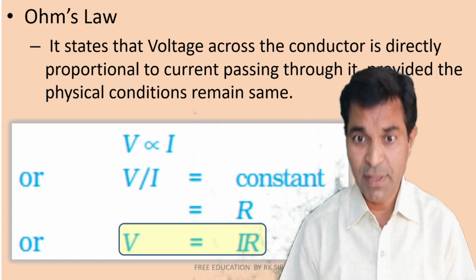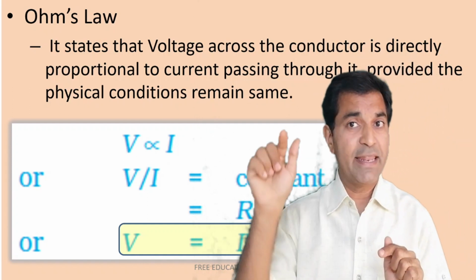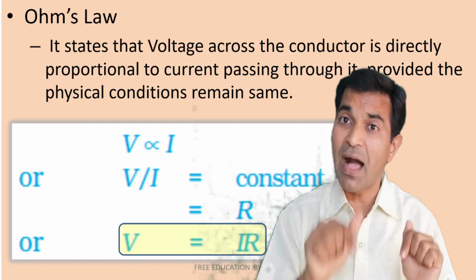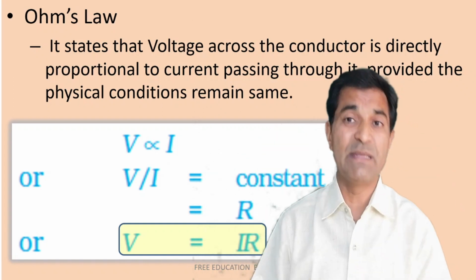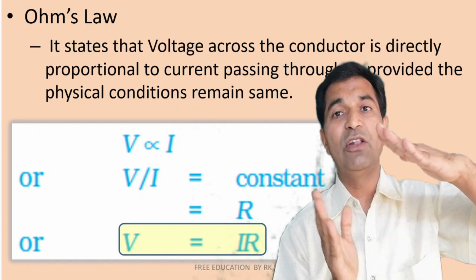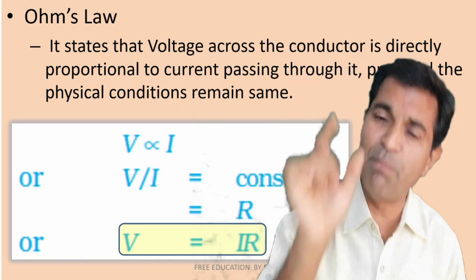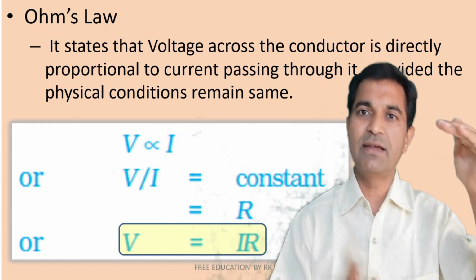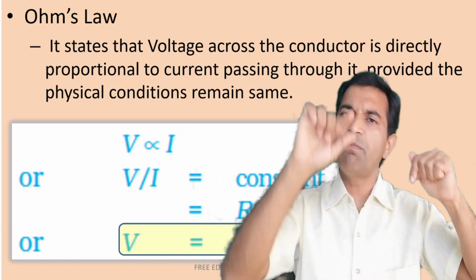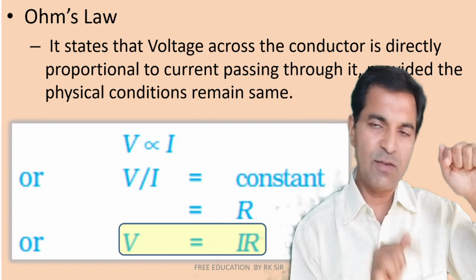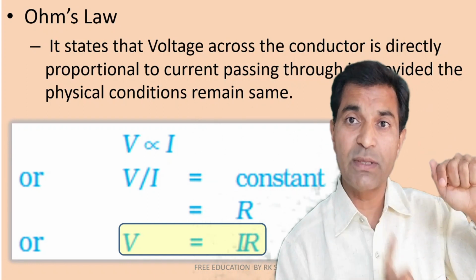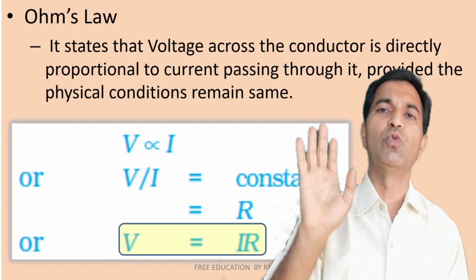Mathematically it may be written V is directly proportional to I, so V by I is always constant. It has been seen that if we divide the value of voltage and value of current, we are always getting a same number. For example, voltage 10 है, करंट 5 है, तो हमको हर बार 2 ही मिलेगा. वोल्टेज 20 है और करंट मानो कि 10 है, we always get 2.